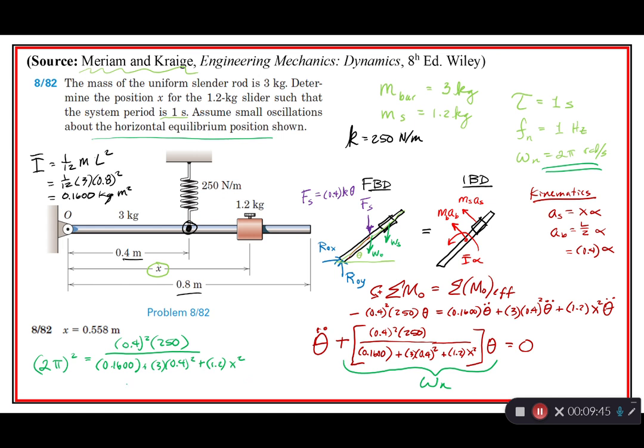Anyway, I'm able to find that x has to equal 0.5577 meters, which I didn't have the solution, no, there it is right there. Sorry, yeah, I did have the solution. It was in the back of the book. And we got it to match.